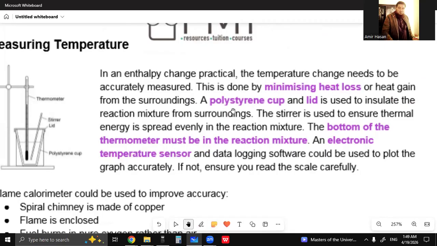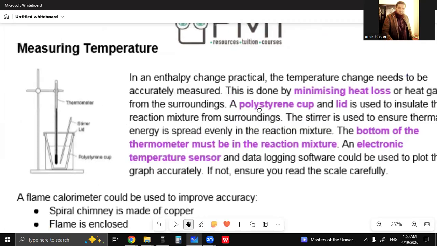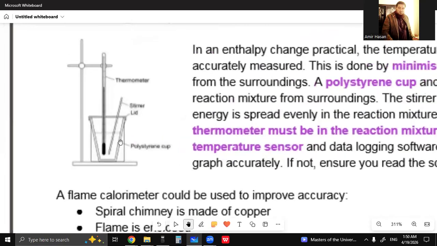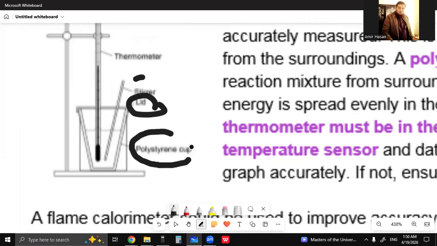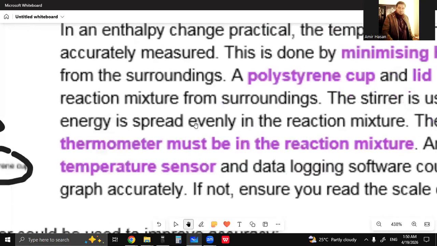A polystyrene cup and lid is used to insulate the reaction mixture from the surroundings. We put the reaction mixture in this polystyrene cup and also a lid. These two things, the polystyrene cup and lid, minimize the temperature loss.